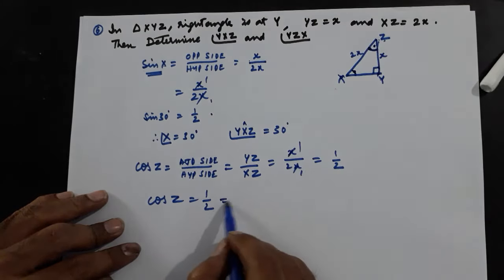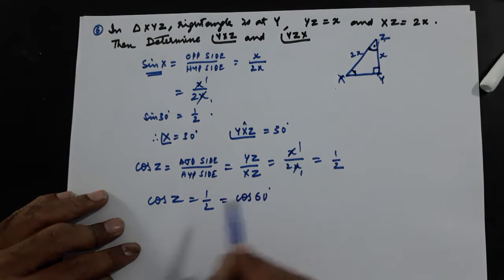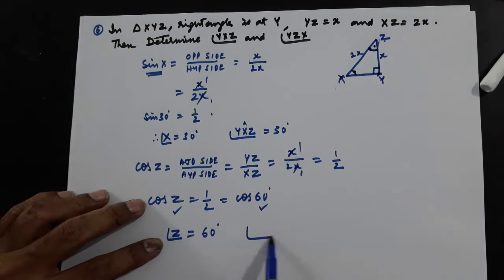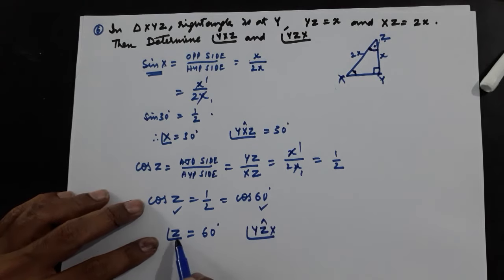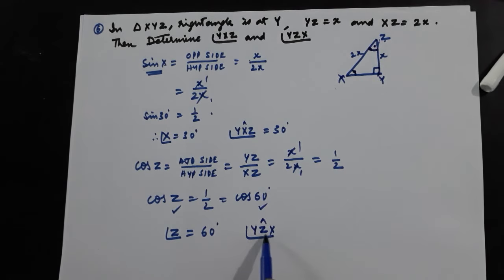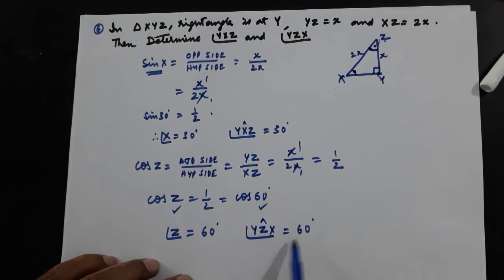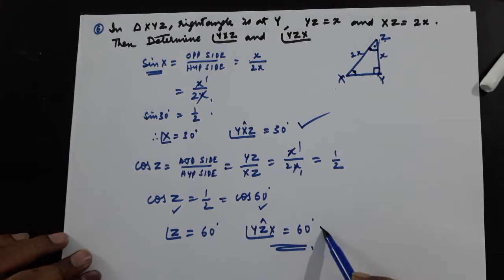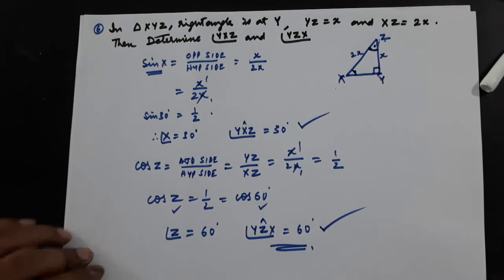That means z is 60 degrees. We can write angle z or angle YZX; whichever is in between, that is the angle. We got x as 30 degrees, z as 60 degrees.